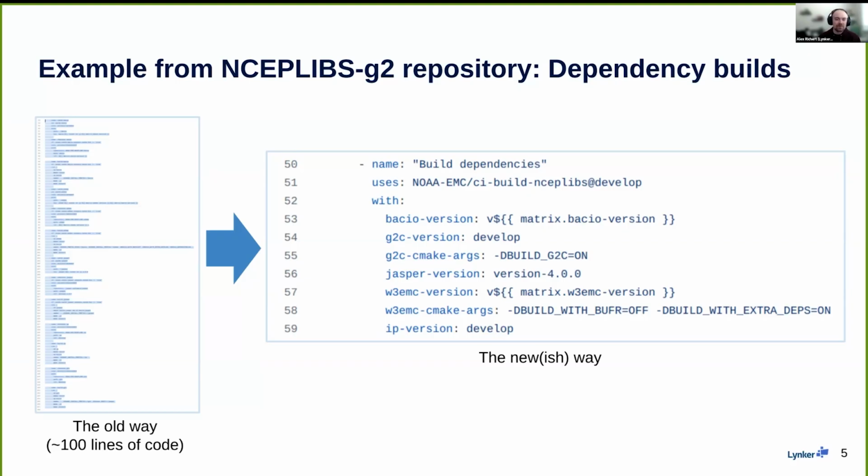We had about 100 lines of code for checking out each dependency, seeing if we had the build already cached, and then doing the build itself with CMake or Autotools or whatever. Now all of that can be condensed within the G2 CI workflow to what we see on the right here, less than 10 lines of code to accomplish the same thing.